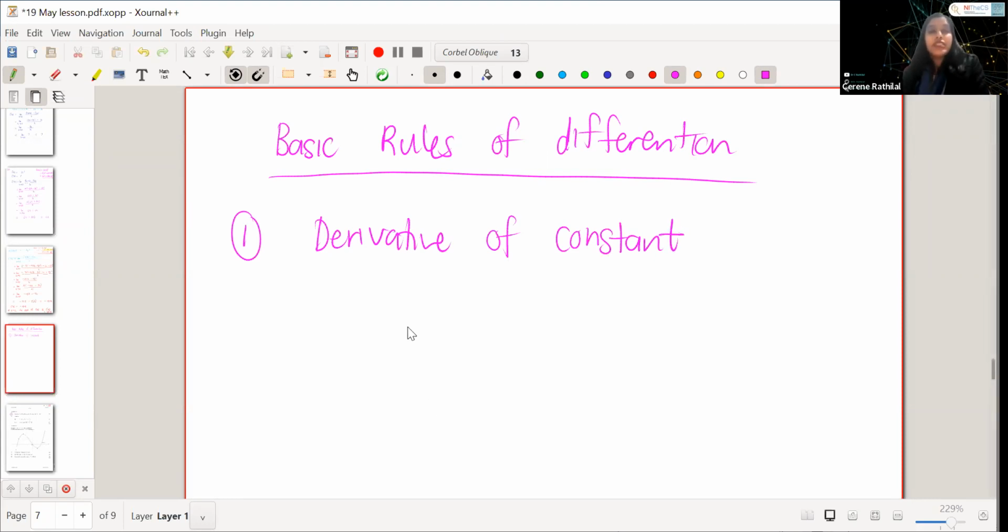Okay, so what is a derivative of a constant? So if f of x equals some number c, the question is, what is f prime of x? Okay, so what is f prime of x?